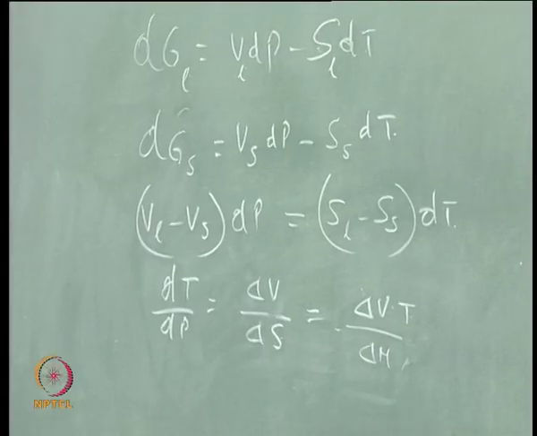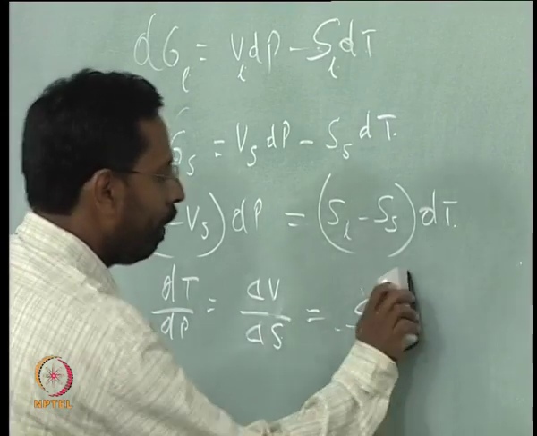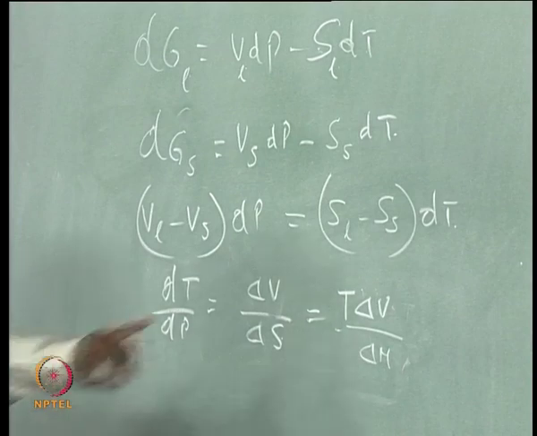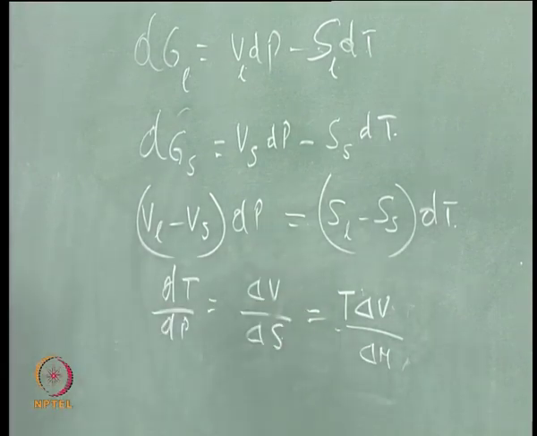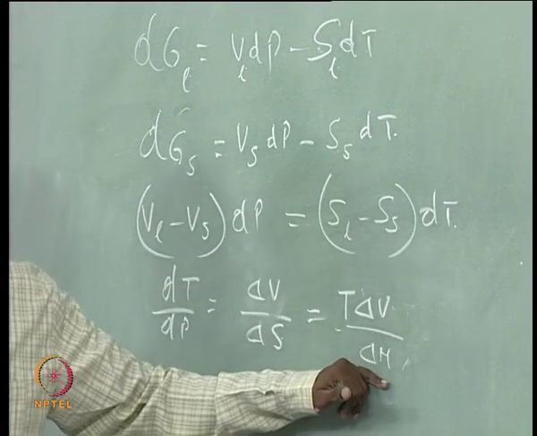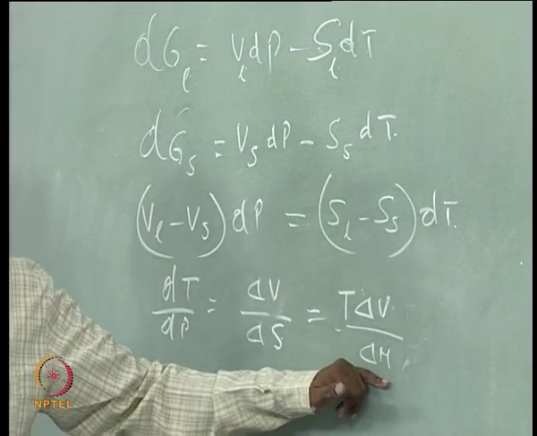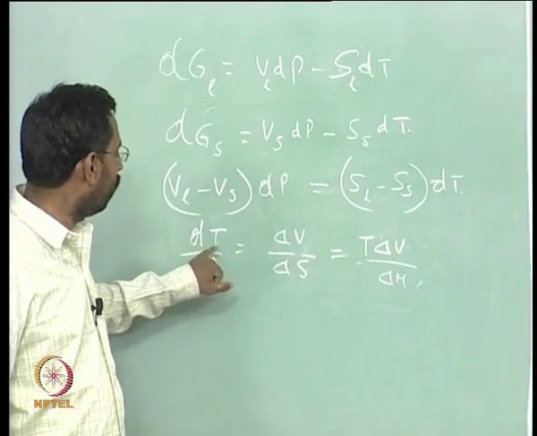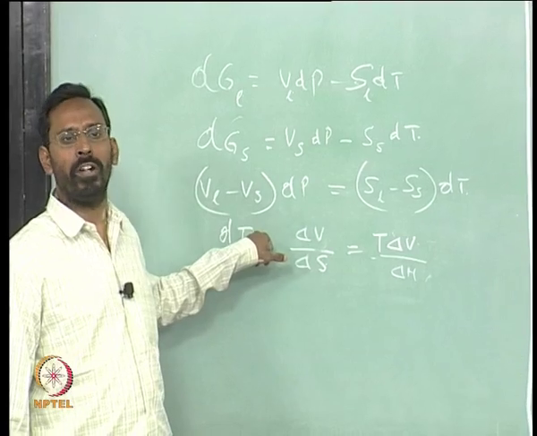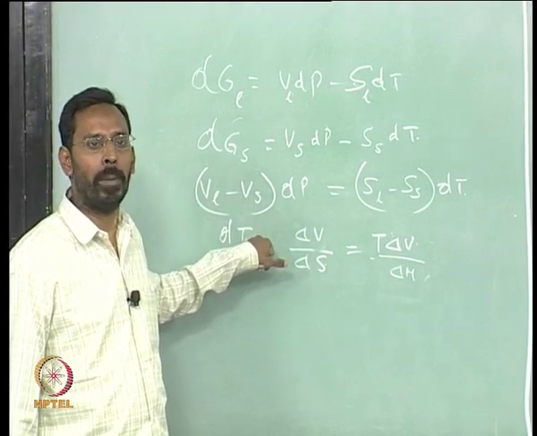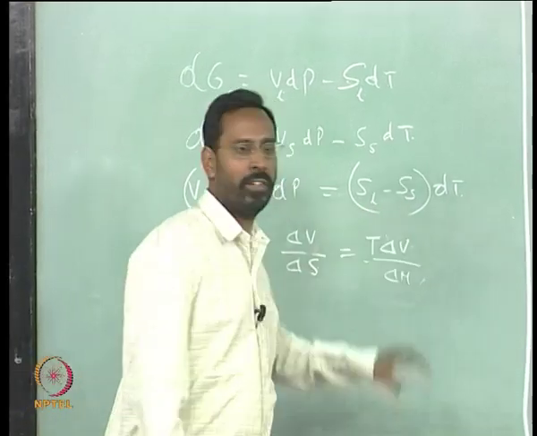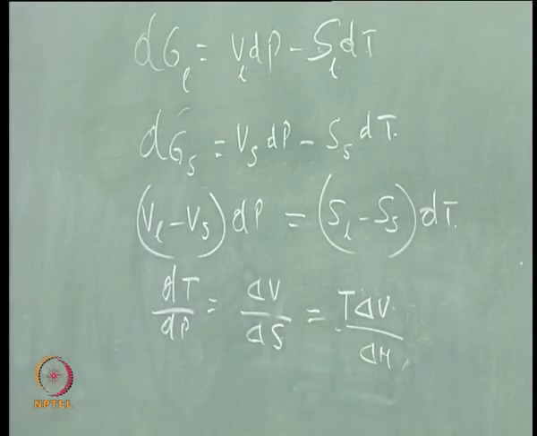If you want to avoid confusion we can put the T in front, otherwise it is delta V T. Here delta H is the heat of transformation, delta V is the volume change during transformation, and so the change in the transformation temperature, any transformation temperature for that matter, is related to the pressure by this expression. This is what we have talked about in Clausius-Clapeyron.